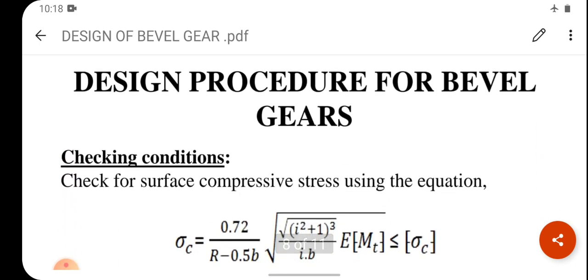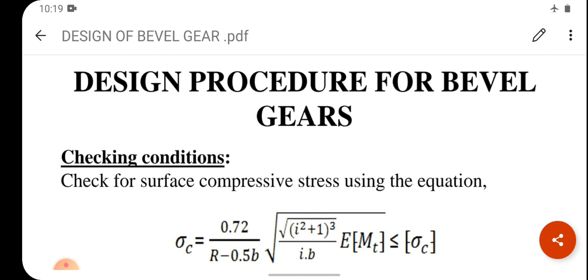Now we will discuss design procedure for bevel gears. Checking conditions. After solving and calculating the different data using the above formula, you will get some values. So after that you can check whether the gear is safe or not.